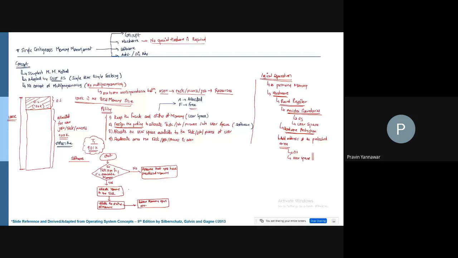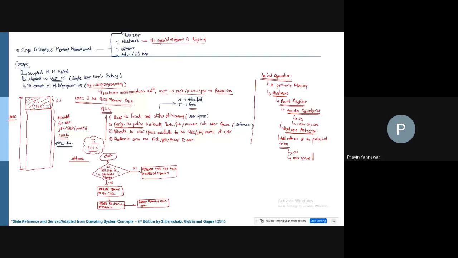So in this case, just take a case. We have a task T1 which is of 901K size and available spare memory is 900K. So our software checks whether task size is less than or equals to available memory. So 901 and 900. No, you cannot accommodate, because if you want to accommodate T1, the size of T1 should be less than 900K.